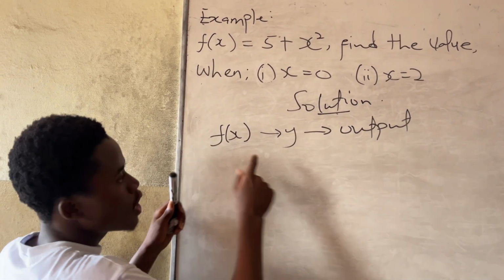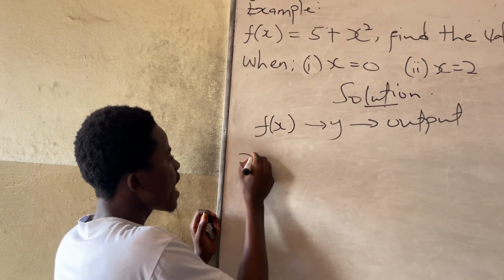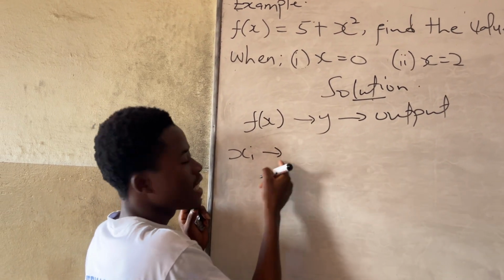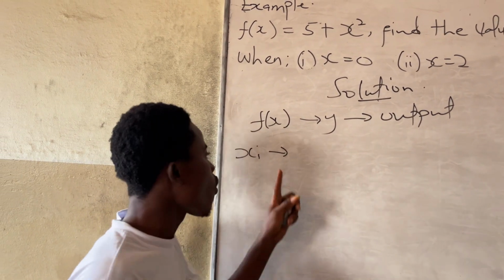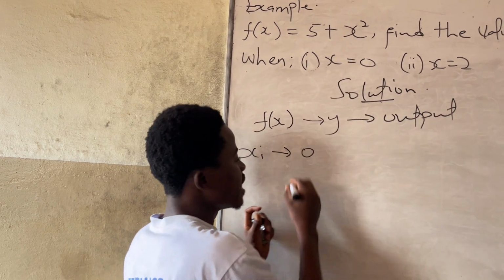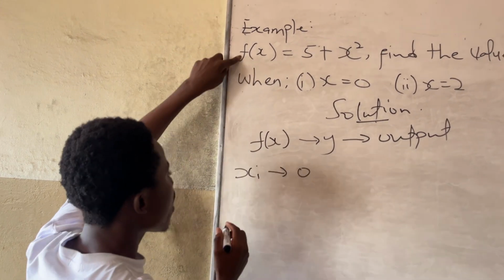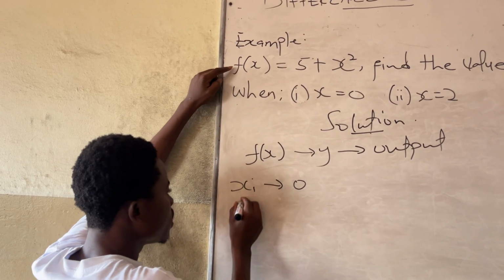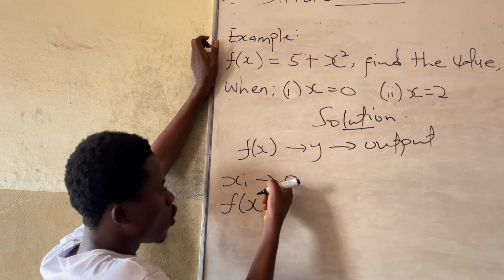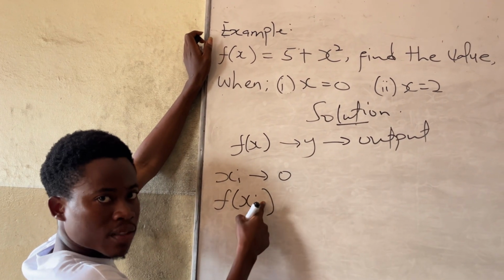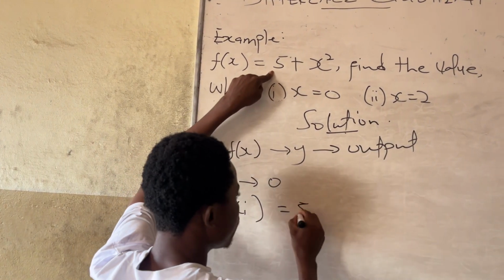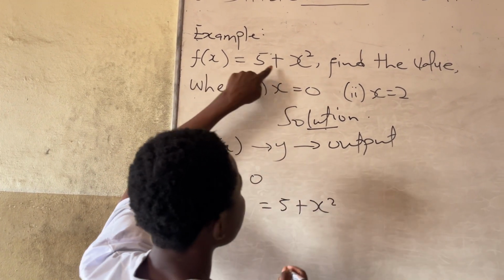Alright. And then we've seen that x subscript i is what? A chosen value of x. So we can say that the chosen value of x is 0. So if we have our function f of x i, it means that we can input 0 into the function to find our f of x. So we have 5 plus x squared, right?